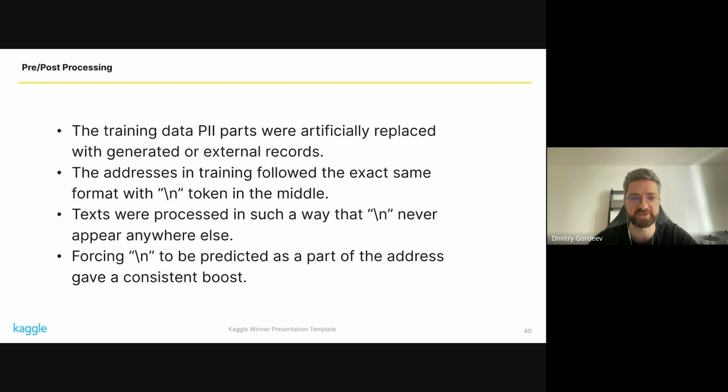Wherever you see /n, it's an address, which boosted the score quite significantly because the scores were very high, and the competition was about just a few words which were difficult to predict. So adding just a /n as a 100% address prediction boosted the score quite well, especially given the conversion of the classes I had, because I fixed this token and the next token, which became I address and not B address any longer.